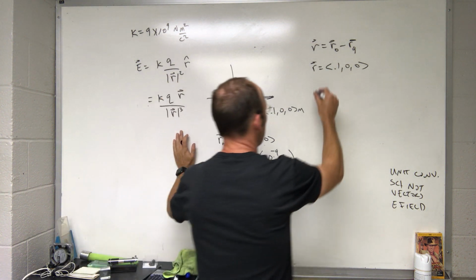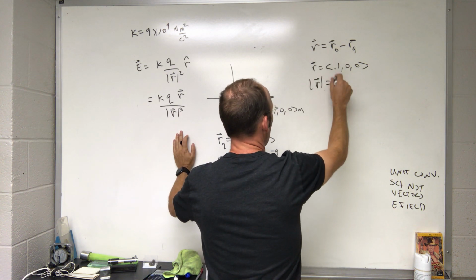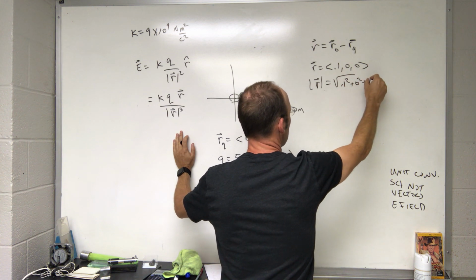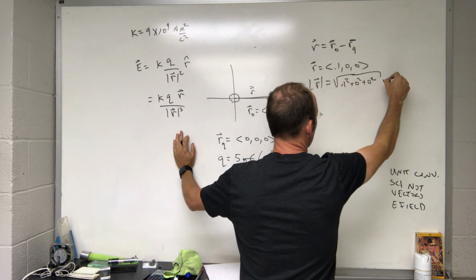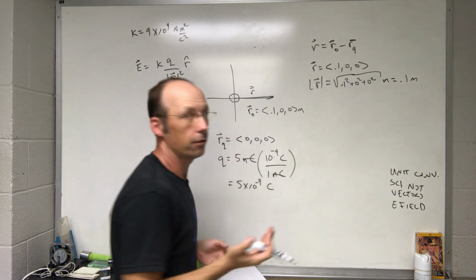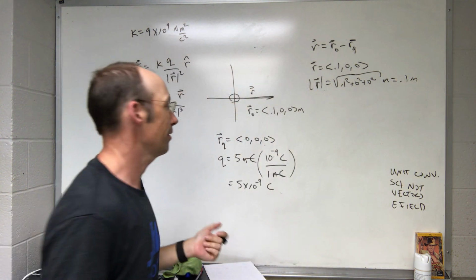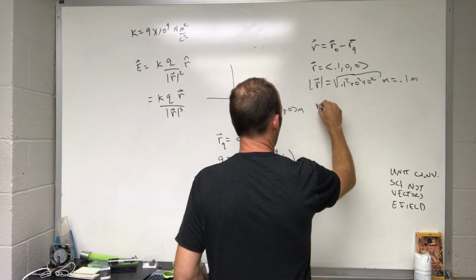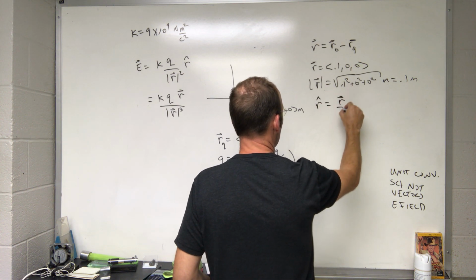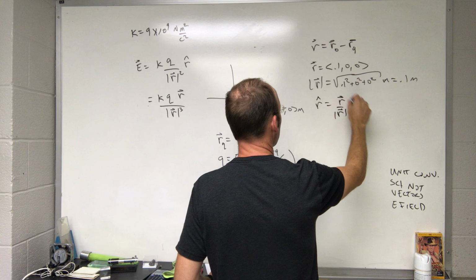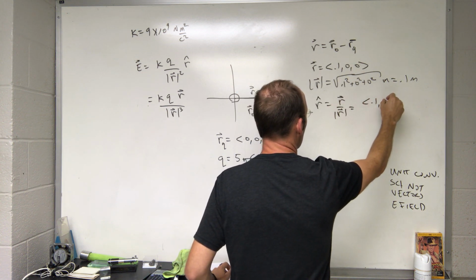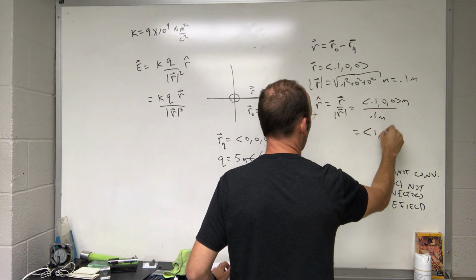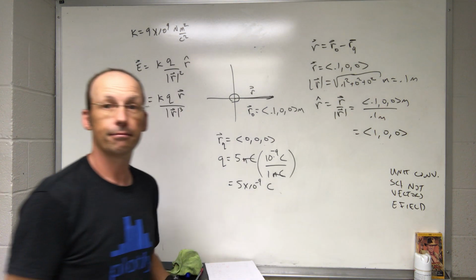It's going to be the square root of 0.1 squared plus 0 squared plus 0 squared meters, so that's 0.1 meter. I picked the easy ones, right? We have to start off easy. Now I want to find R hat. R hat is R divided by the magnitude of R, so I have 0.100 meters divided by 0.1 meters, so I get 1 0 0, no units.